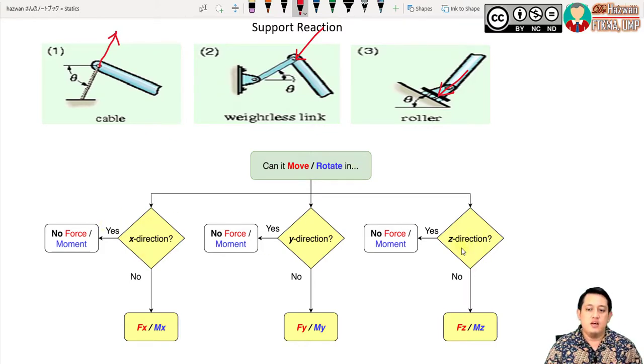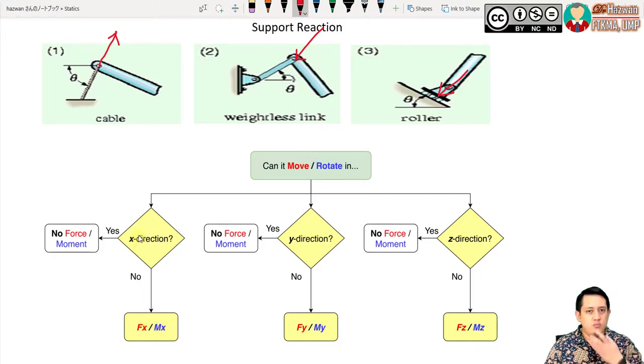If yes, it can move, so it will not have any reaction force or reaction moment. If it can rotate, no moment. If it cannot move or cannot rotate, we will have a reaction force or a reaction moment.